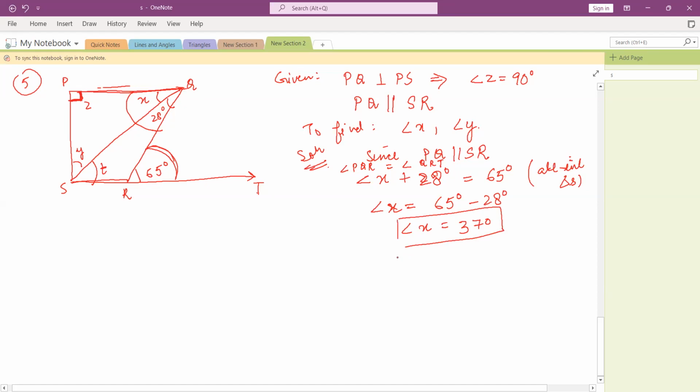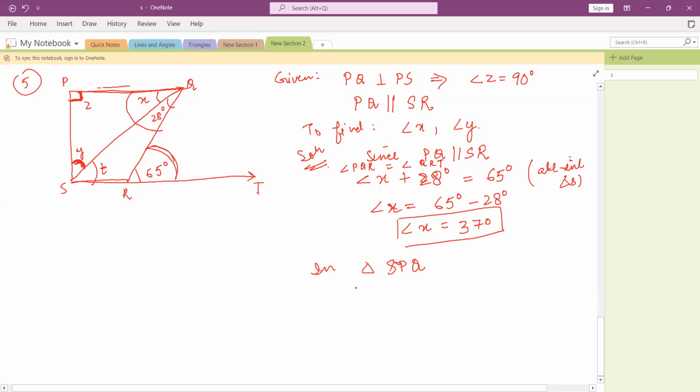Now it's simple. We have to find angle Y, isn't it? In the question, please read the question. Is this the angle we have to find? Angle Y? Yes, ma'am. Okay, so look at the triangle, this one, SPQ. In triangle SPQ, we already know the value of two angles.